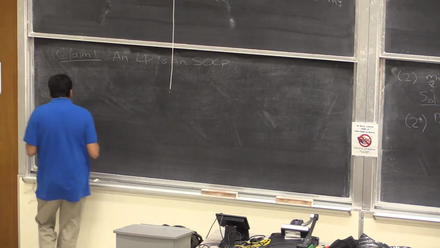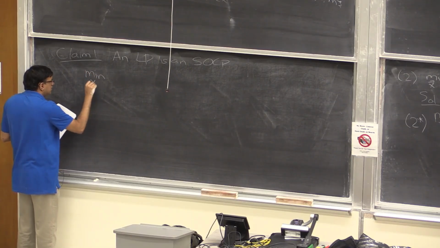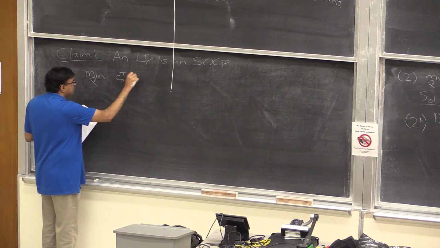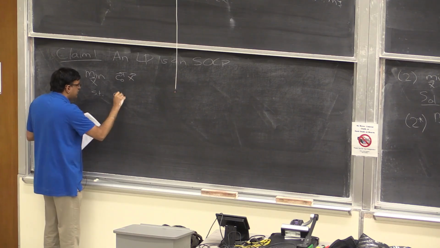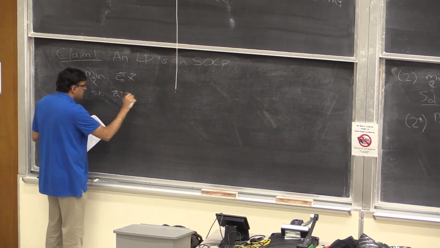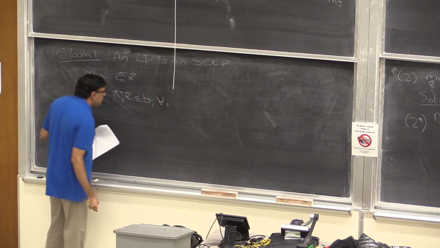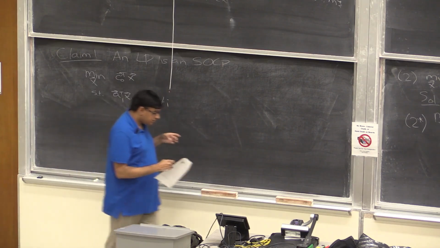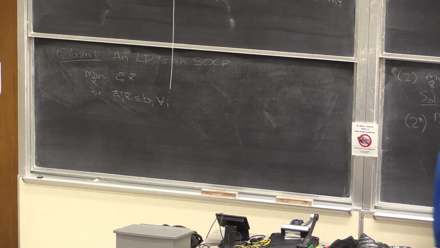Let's start with this linear program: min over x of c0 transpose x, subject to a_i transpose x less than or equal to b_i for all i. And we want to show that this is an SOCP.